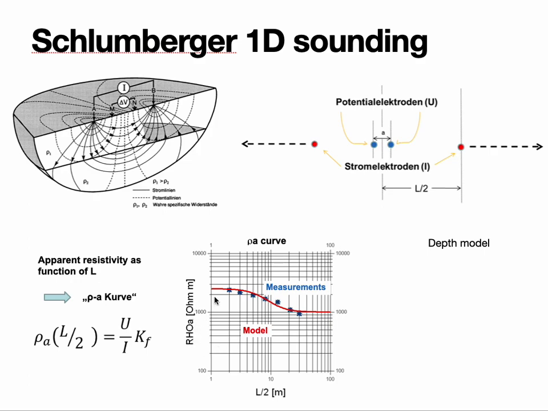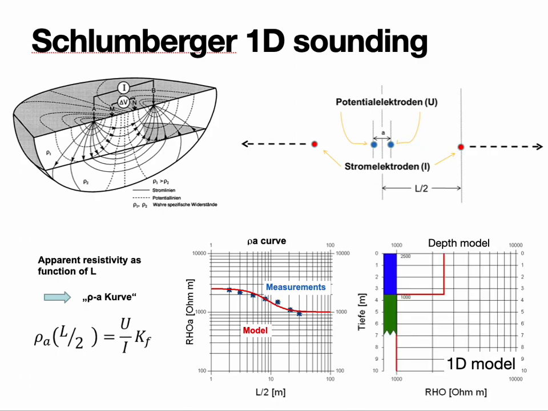Apparent resistivity will vary with a change of the distance between the blue and the red point. This can be further converted to a depth model. Here you have the depth, and here you have the conductivity, and by doing post-processing of this data, one can obtain a 1D model of the subsurface.